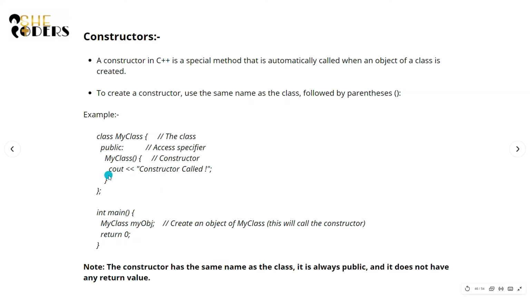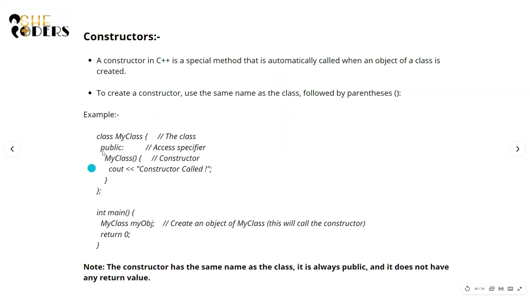Here, for example, I will put a statement: cout constructor is called. So whenever an object of the class is created, this constructor is automatically going to get called, and the output will be constructor called. The important thing is the constructor has the same name as the class, it is always public so that the object can have access to it, and it does not have any return value.